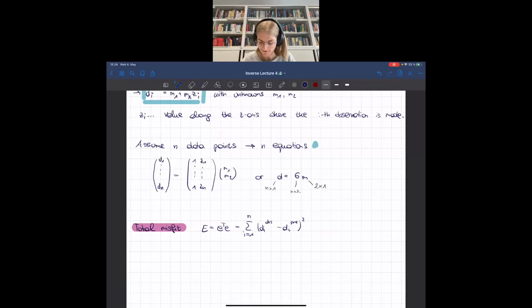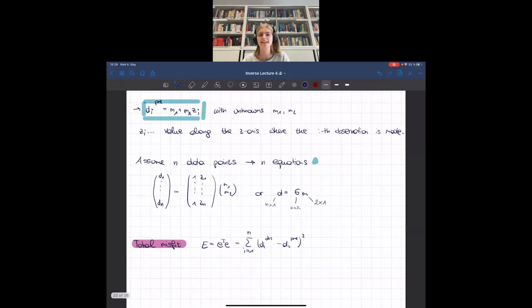Now remember, for the d_i predicted, we already have a formula because we decided on the model. It is the blue thing I've circled at the top of the slide here. So we can plug it in, and we end up with the sum over i from 1 to n of d_i observed. Nothing changed with the observed, but in here we have the model.